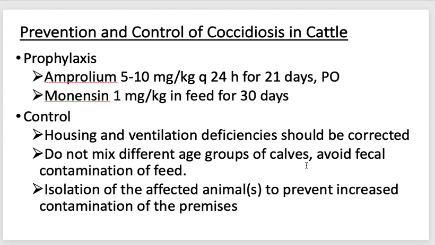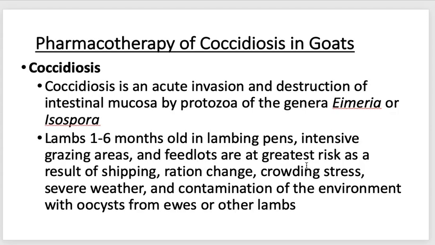So do not mix different age groups. This disease is common to cattle, to young calves up to 2 years of age. So do not mix calves of different ages. There could be cross contamination. And also you can isolate the affected animal in order to prevent contamination of the premise. So isolate, take away those affected animals.